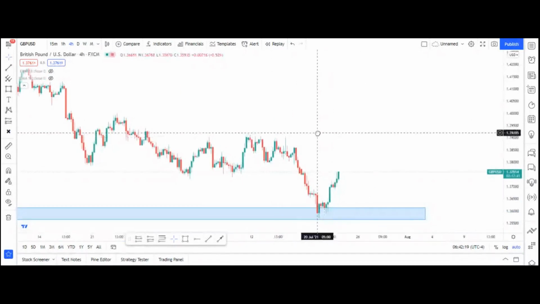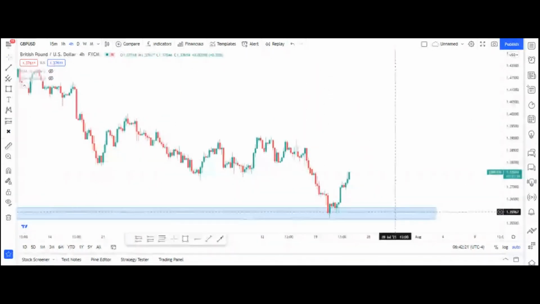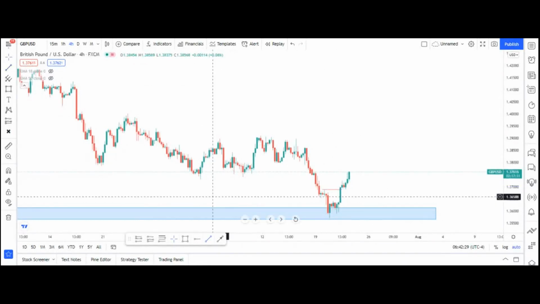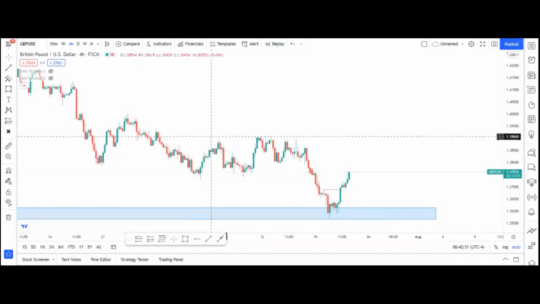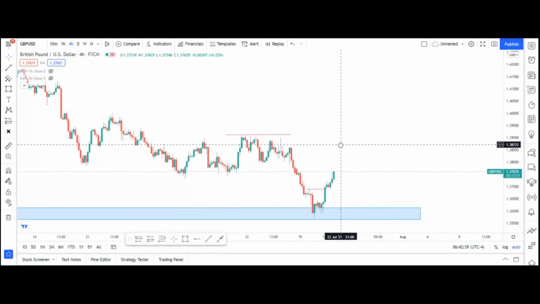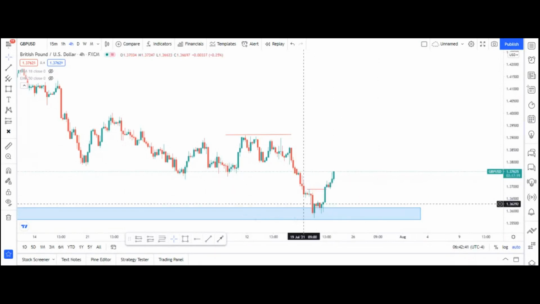Here we had price trade into that area, and we had minor breaking market structure here. If it takes out this old high, then I'll consider that a major BMS and also a raid on stops. But basically, we've broken structure here.